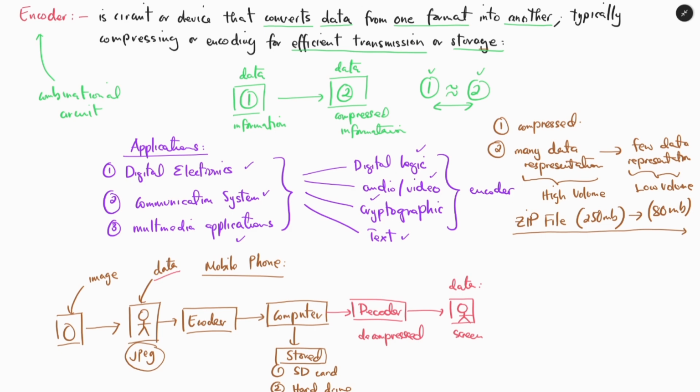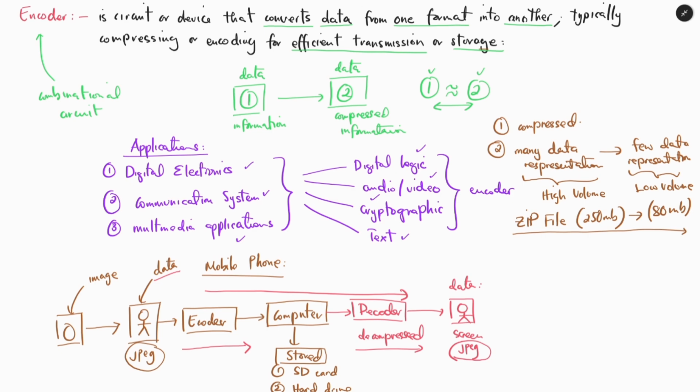We can see that this image can be a JPEG image, but in order to store and transmit this image through a computer, we cannot store the JPEG image data directly. We first have to compress, and then we can store, and then to see the same image we have to decompress in order to display it.